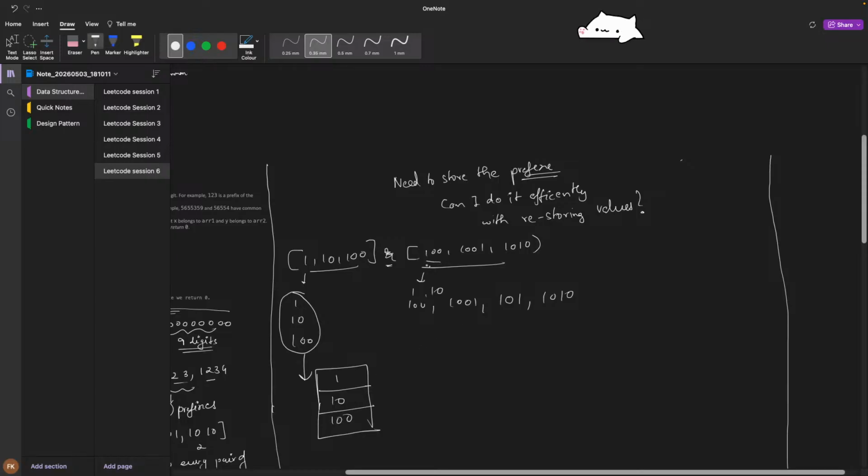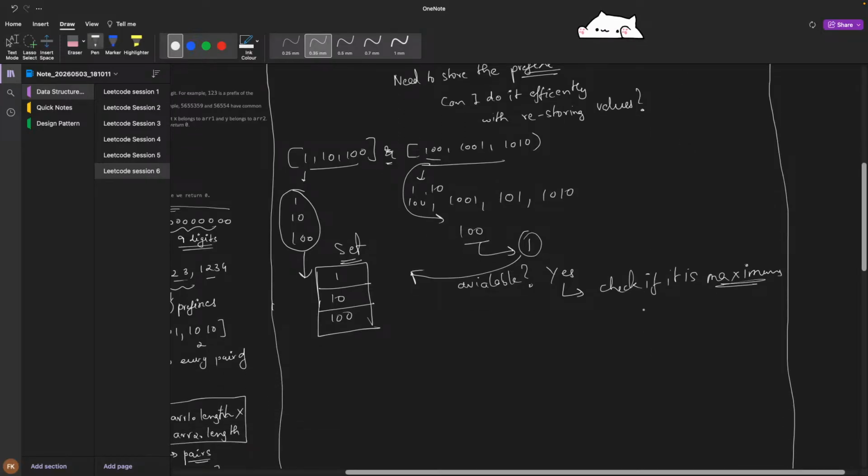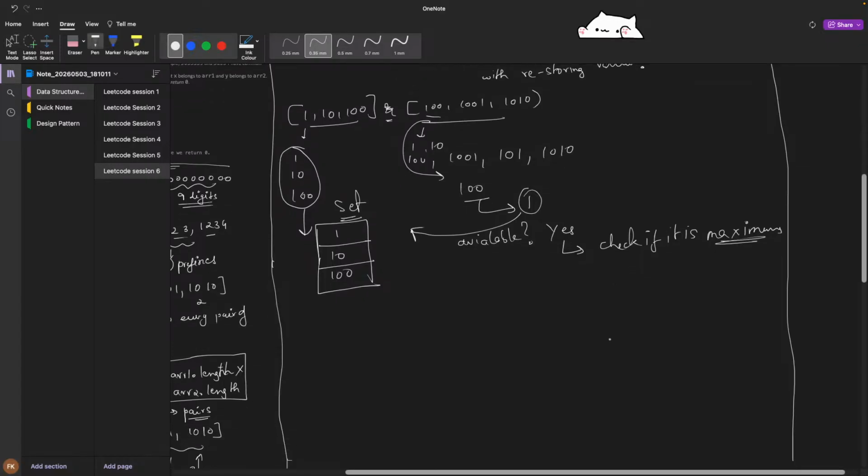Now, for every number here, 100, I can take its prefix 1 and check if it is available here in the set, right? If yes, then I can check if it is maximum, or else I can go on with the other number.